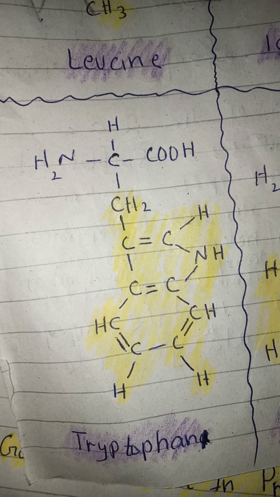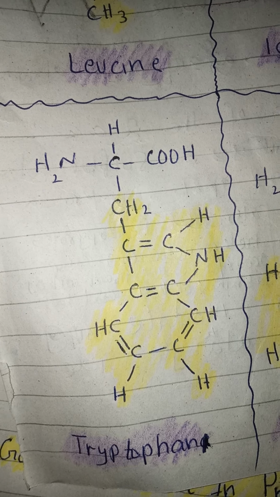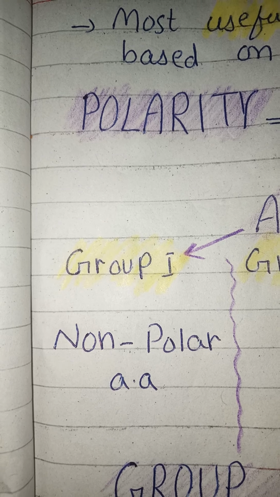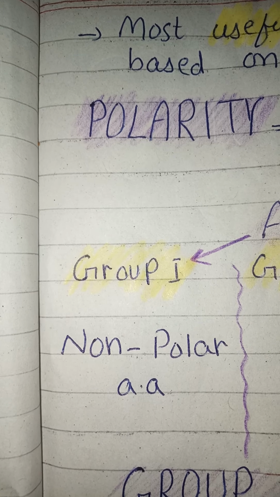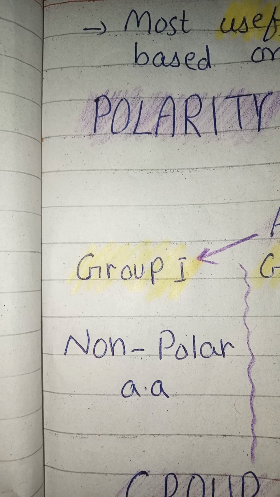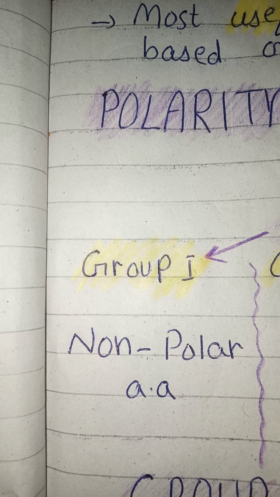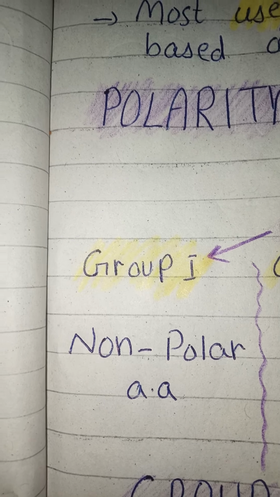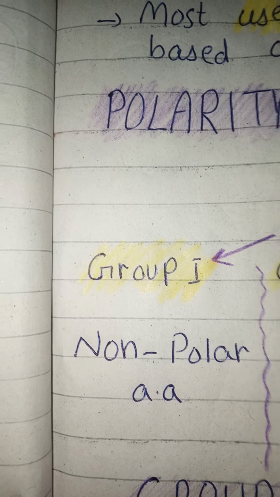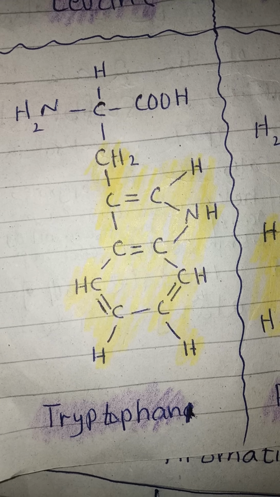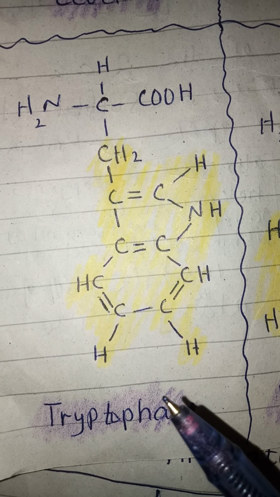Tryptophan contains an indole ring attached to an alanine side chain. Indole is also called benzopyrrole. Benzopyrrole is a heterocyclic organic compound that occurs in some flower oils, for example jasmine, and is also present in coal tar or in feces. This is the structure of tryptophan.